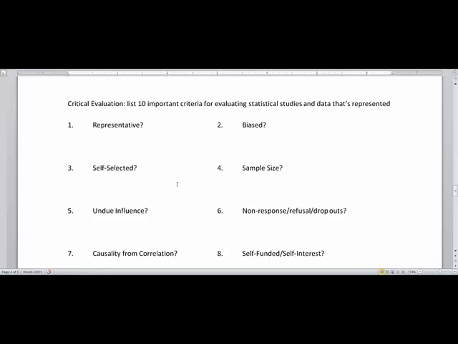But for the critical evaluation, we really should look at data with a lens of these 10 questions just to make sure that these statistical studies aren't flawed from the get-go. Because if these 10 flaws are in there, you may just have to throw the whole thing out.